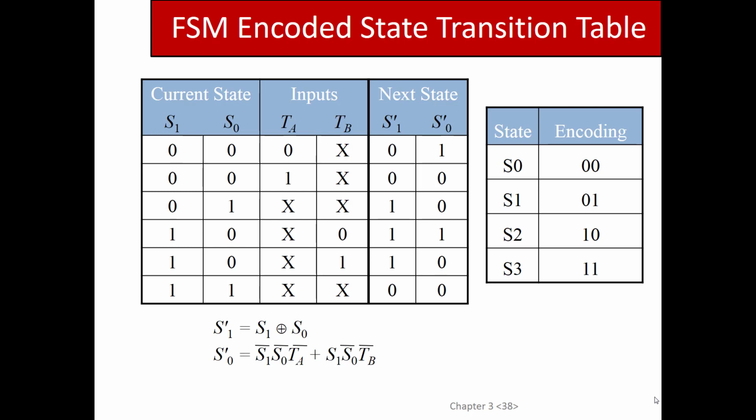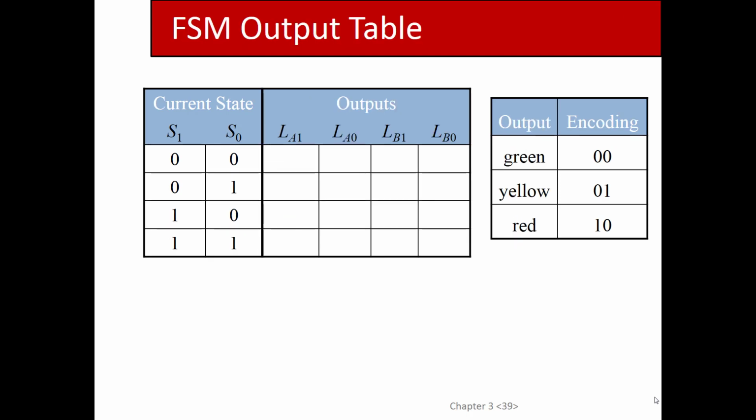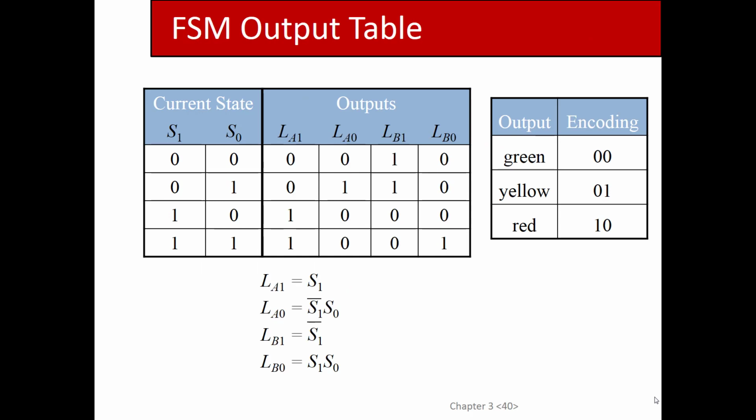Now we have to build our output logic. For the output logic we have to figure out, is this a Mealy machine or a Moore machine? Because the output logic is different in a Mealy or a Moore.